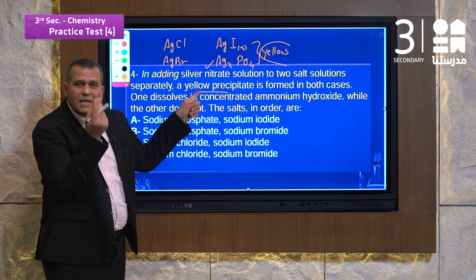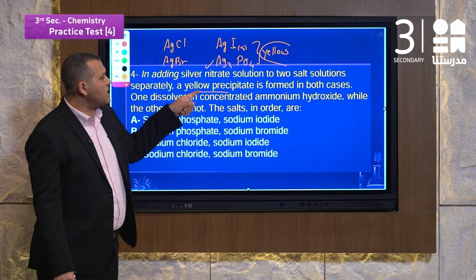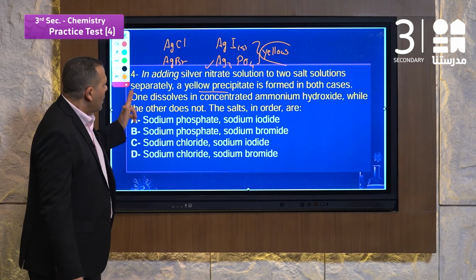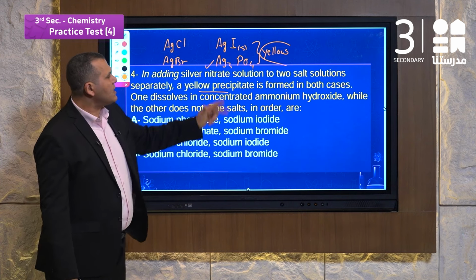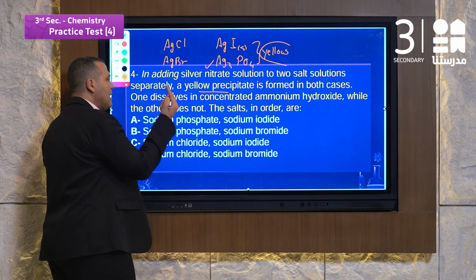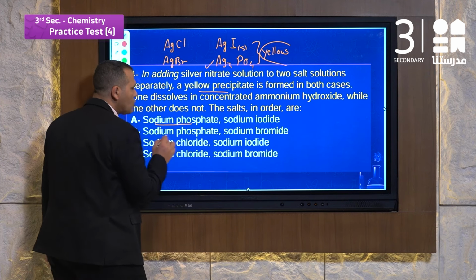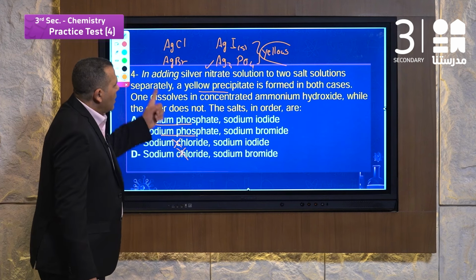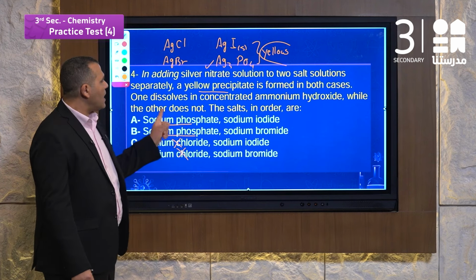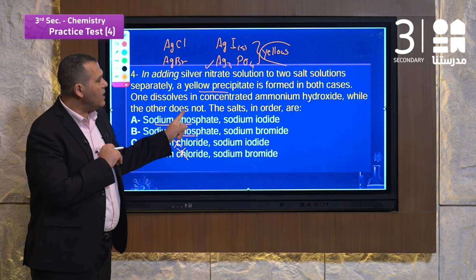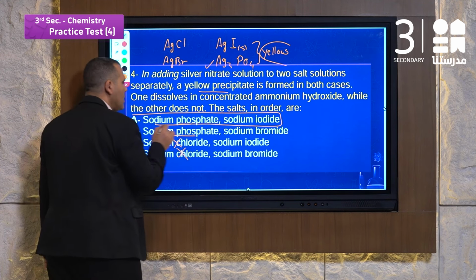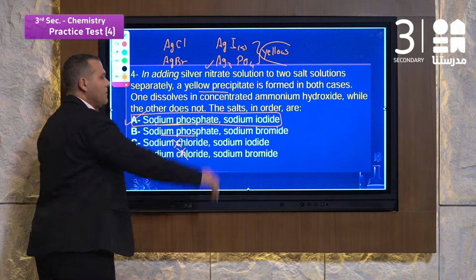So one dissolves in concentrated ammonium hydroxide, يبقى الاولاني ده sodium phosphate, not sodium chloride. While the other doesn't dissolve in ammonia. So the other is sodium iodide and the correct option is A.